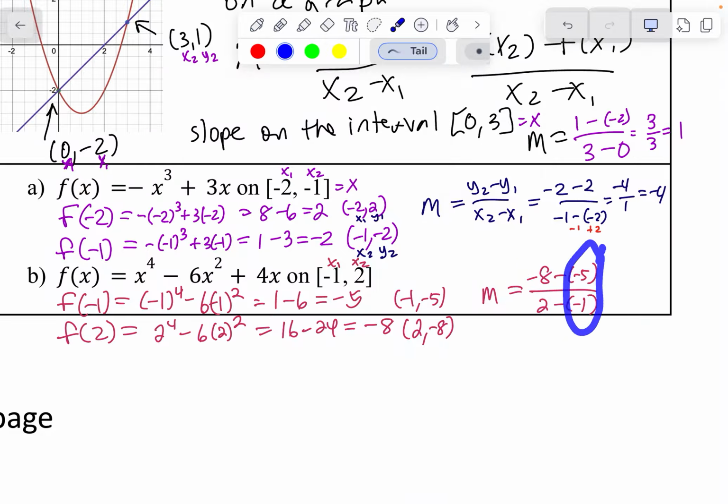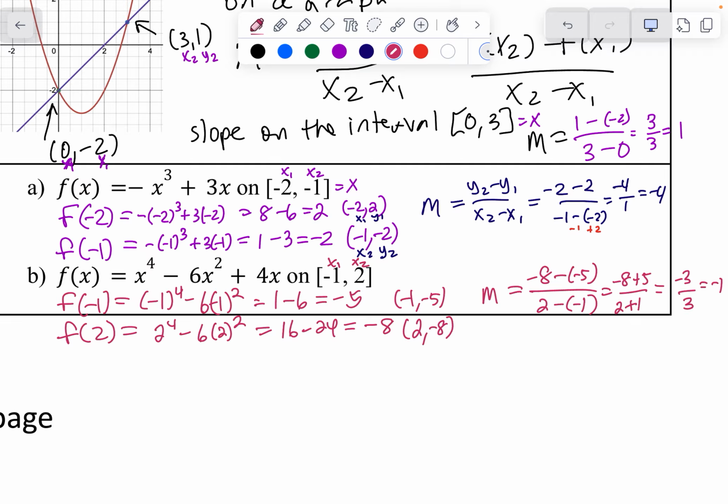The x's should always be on the bottom. The y should always be on the top. So this is going to be -8. My pencil wakes up here. This is going to be -8 plus 5. This is going to be 2 plus 1. You'll get -3 over +3, or a slope of -1.